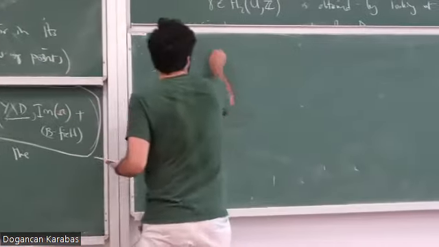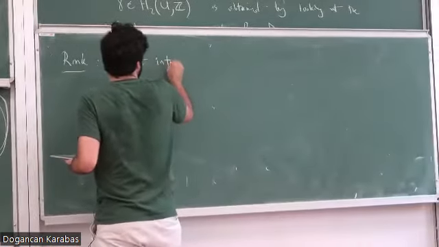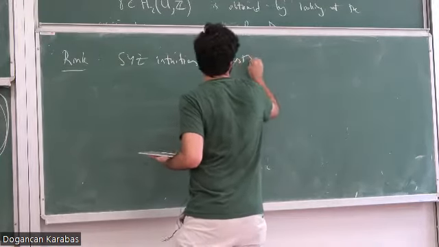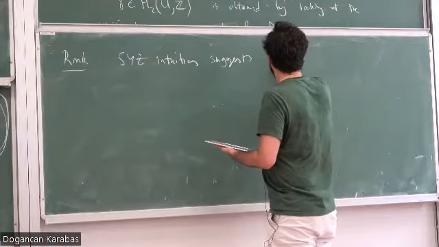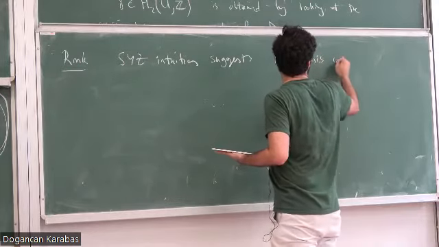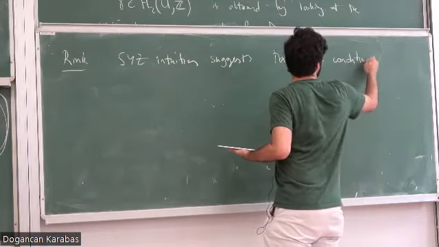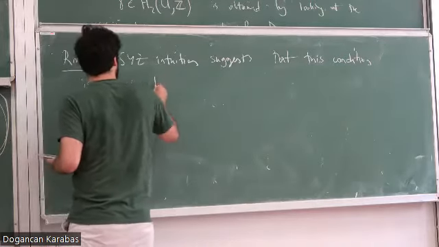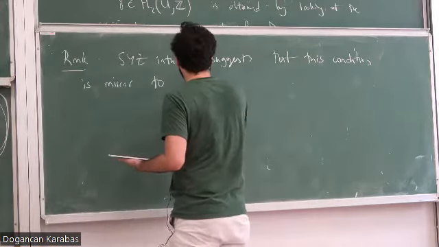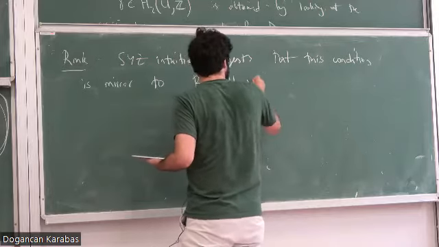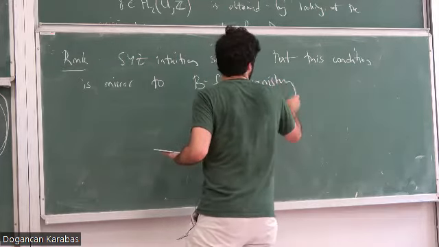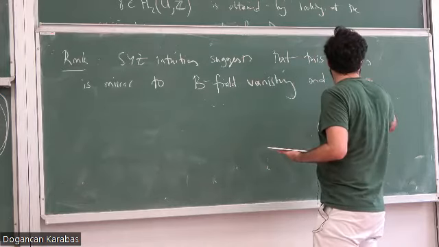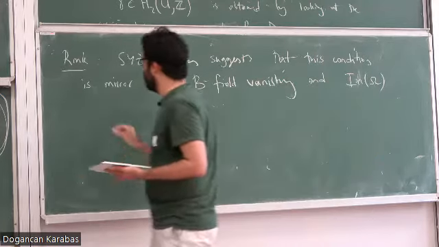SYZ intuition suggests that this condition is mirror to the B field vanishing and the imaginary part of omega being exact.